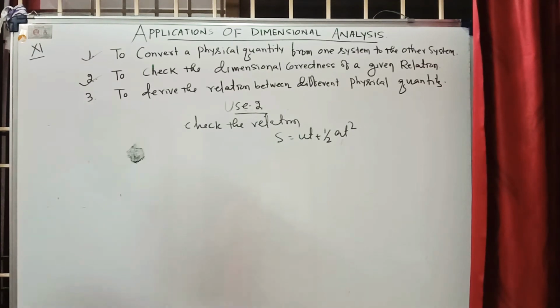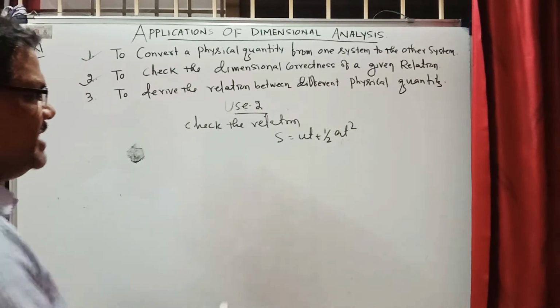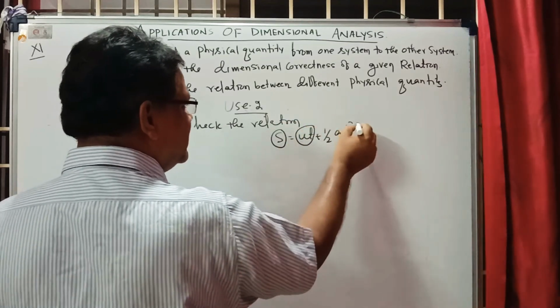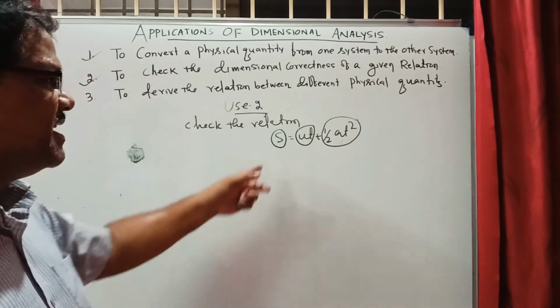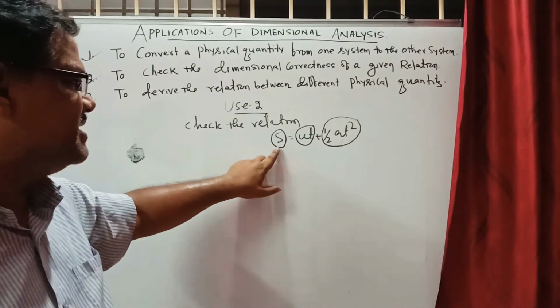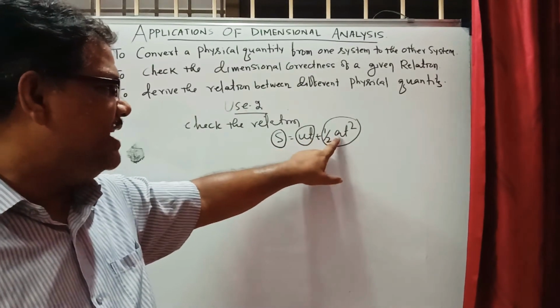Look at how many terms are there in that relation. One term is S, another is UT, and the third is half AT square. Three terms are there. The symbols have their usual meanings, as you know from the previous class: S is the distance, U is the speed, T is the time, and A is the acceleration.